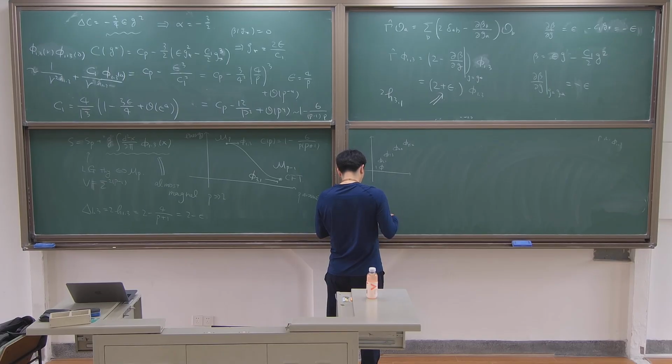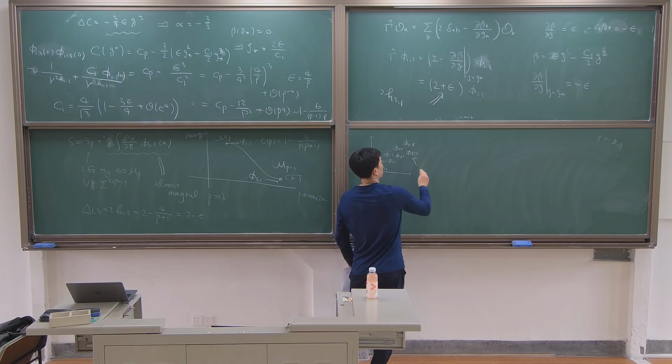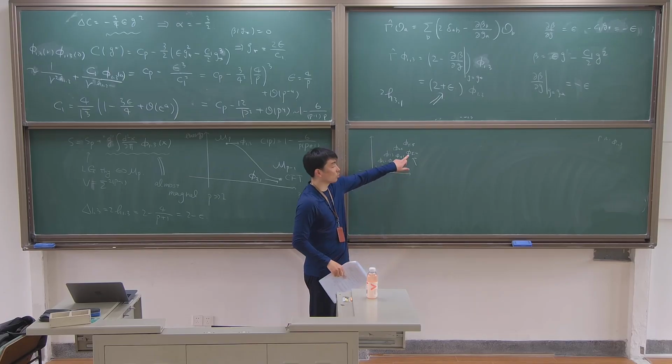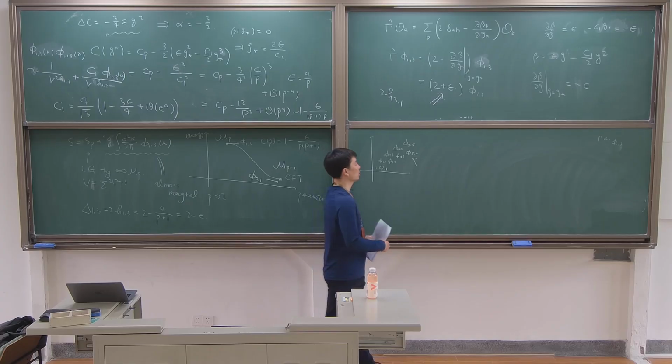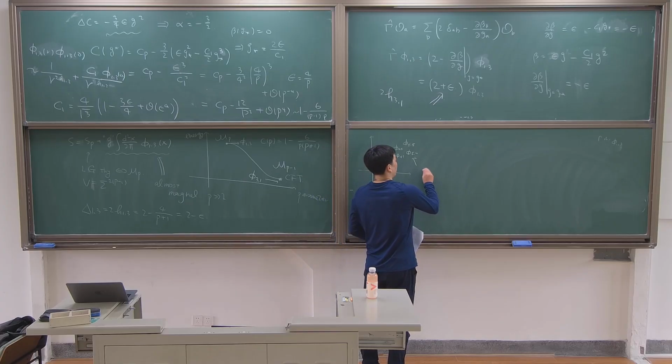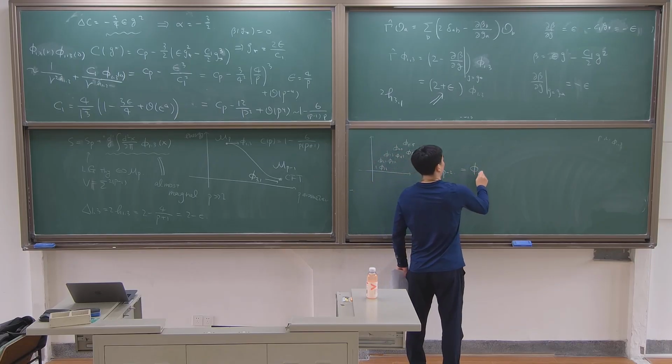Which one is 1,2 or 2,1? 2,1. And this corresponds to the closest to 1 actually, in fact p minus 1 and p minus 2. And this is equal to phi 1,3.